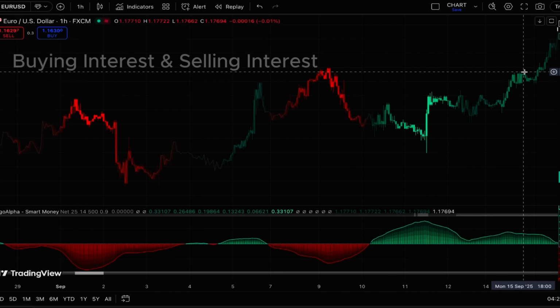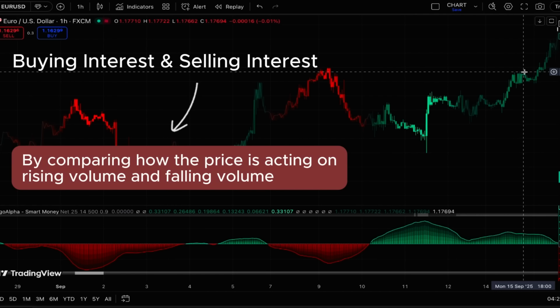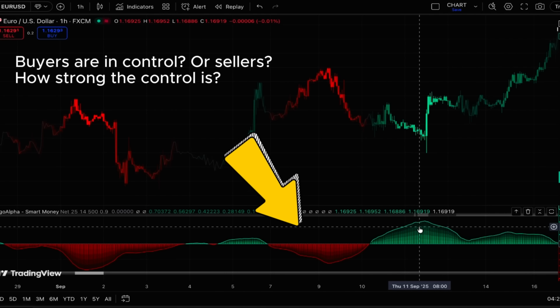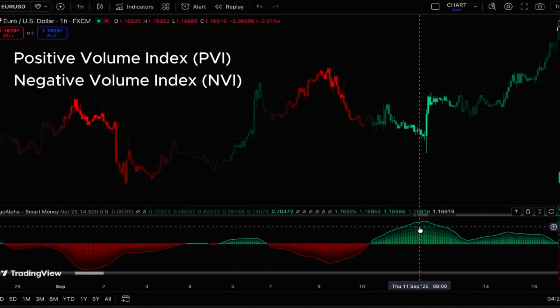This indicator measures the buying interest and selling interest in the market, and this is done by comparing how the price is acting on rising volume and falling volume. So here we have an oscillator that shows whether buyers are in control or sellers, and how strong the control is. It uses positive volume index and negative volume index for the base of the calculations.